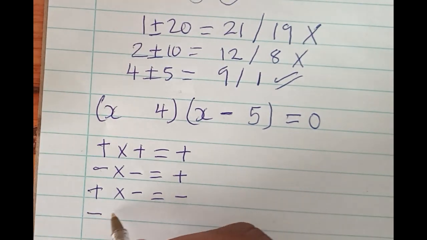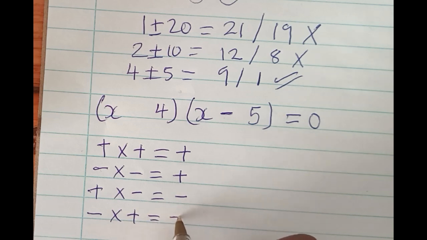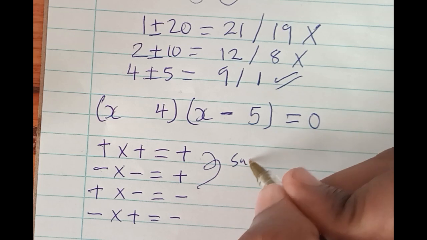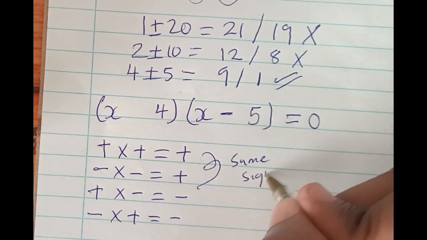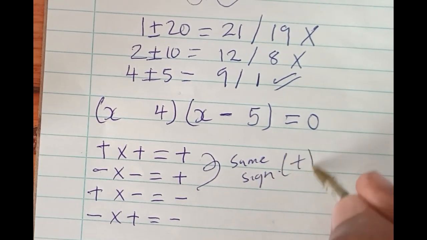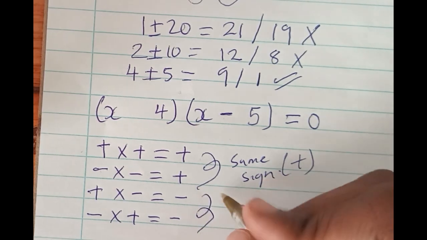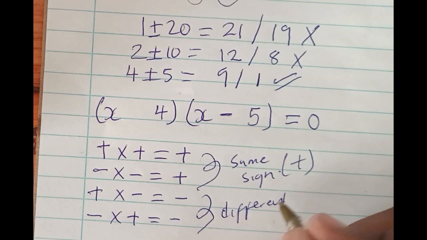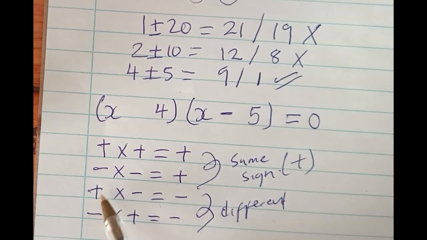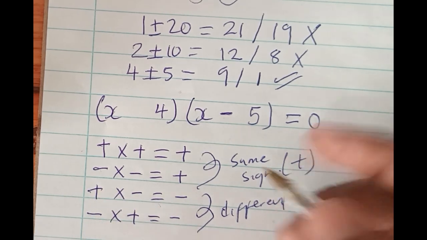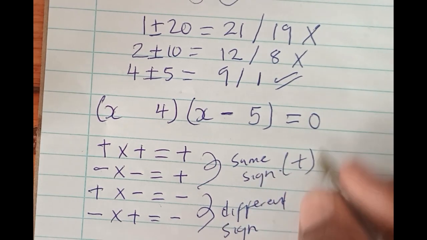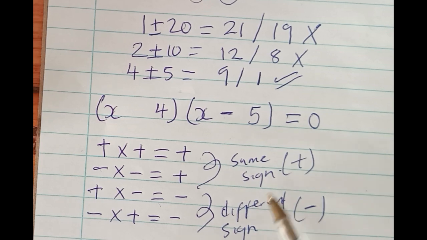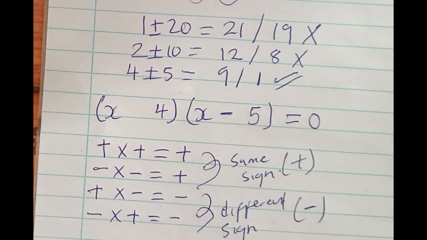And a negative multiplied by a positive is negative. Same sign, they are positive. Different sign, remember, when I say different sign, it is positive and negative, or negative and positive, they lead to negative.